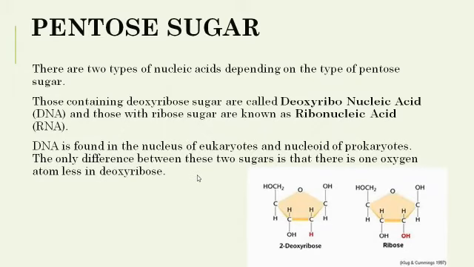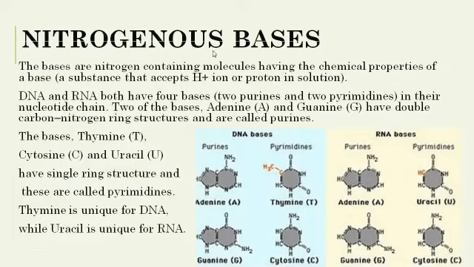Nitrogenous bases. Then what is the difference between the nitrogenous bases? You already studied the nitrogenous bases in the video itself. In solution, it will accept an H plus ion, a hydrogen ion or a proton. So it is a proton acceptor.